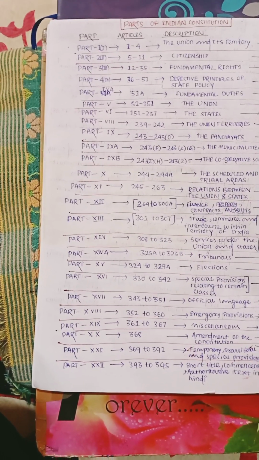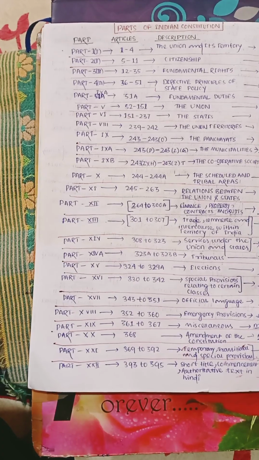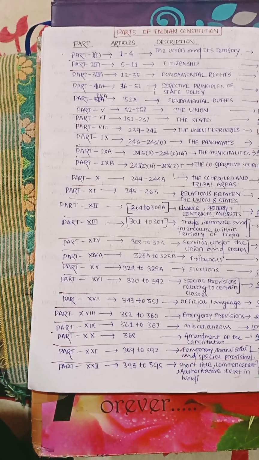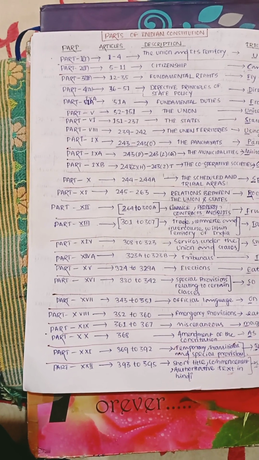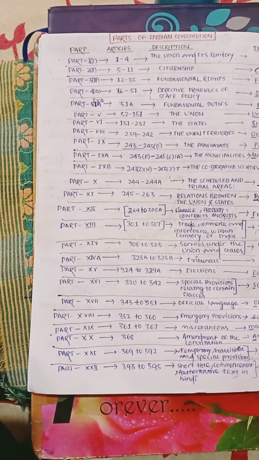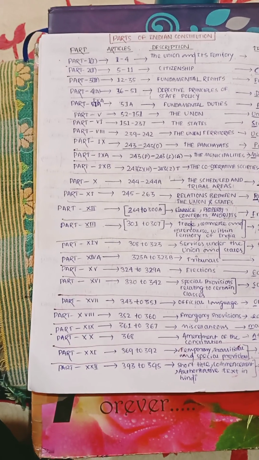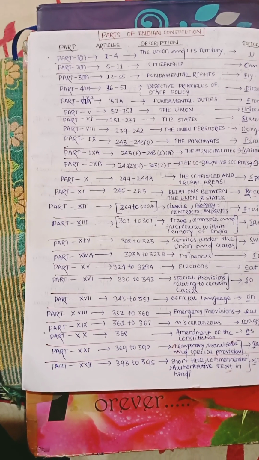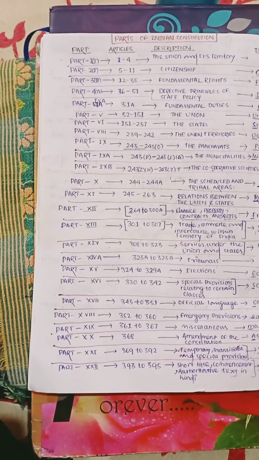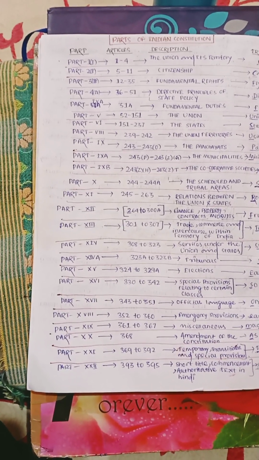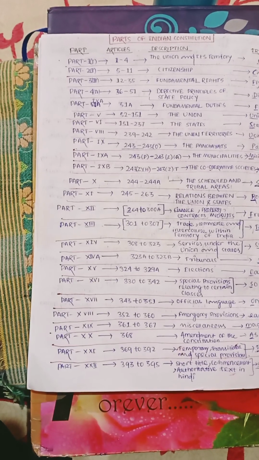So in part 14, to remember service under the Union Territory, the trick is sweet. In part 14A, to remember tribunal, we use trick to. In part 15, to remember election, we use trick eat.